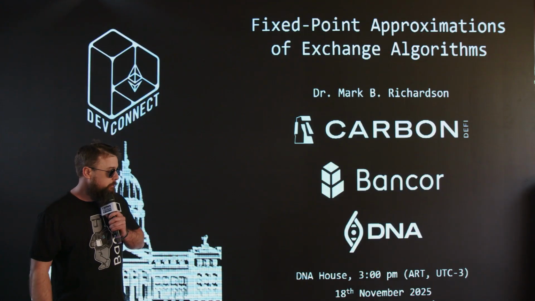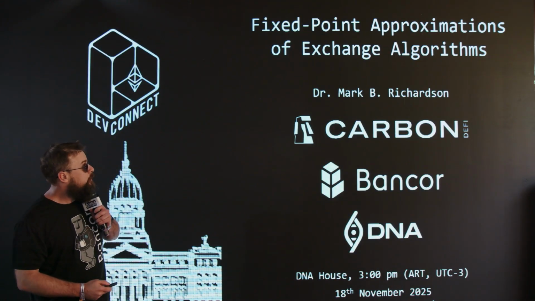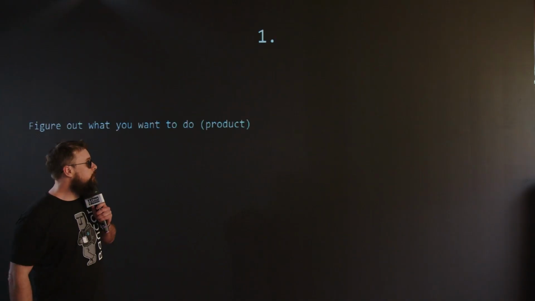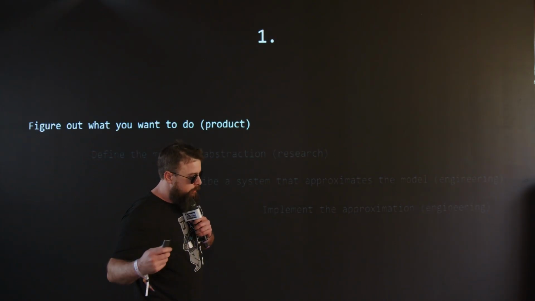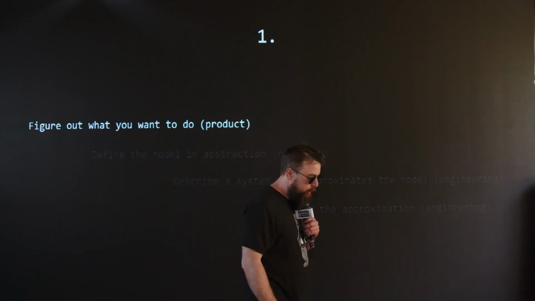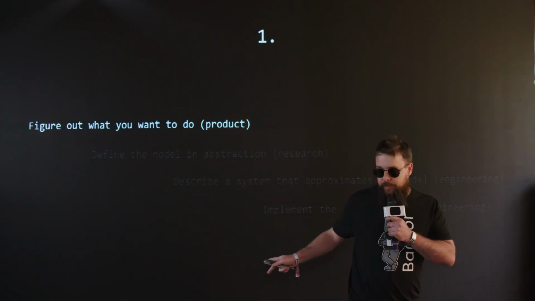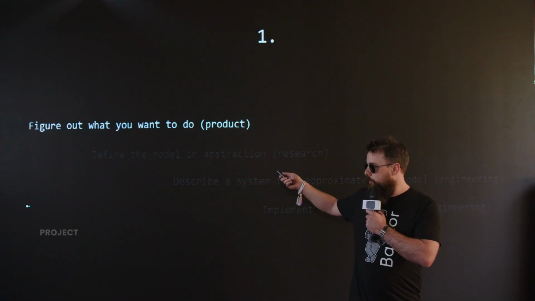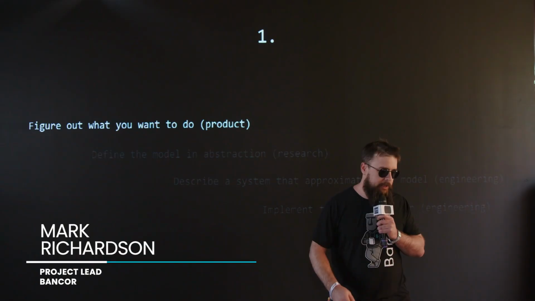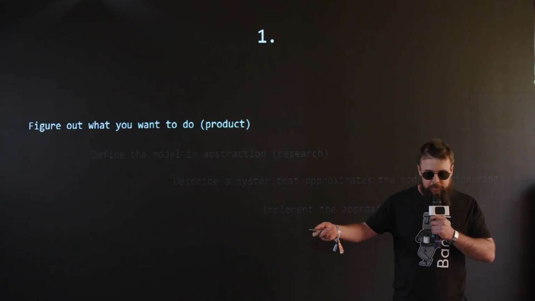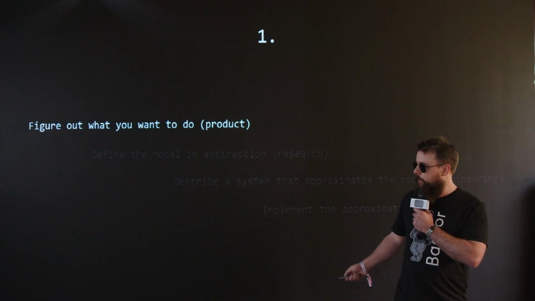Okay, so in general, I find that when people are speaking about their Web3 products, decentralized exchanges in particular, there's a sort of flow to what the development process looks like, and then how they articulate what their project is and what it does.